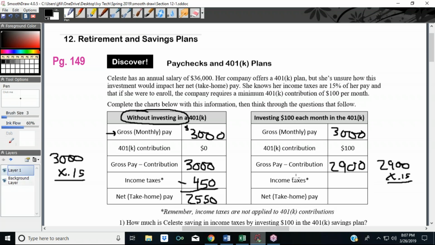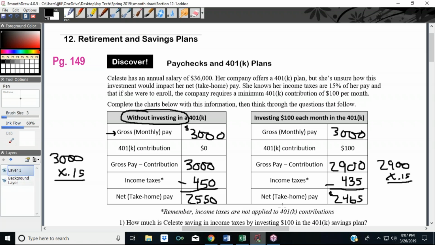Thank you, Pamela. That is $435, and the rest of you I see getting that in there. And so the take-home pay again is subtracting those two. $2,465.